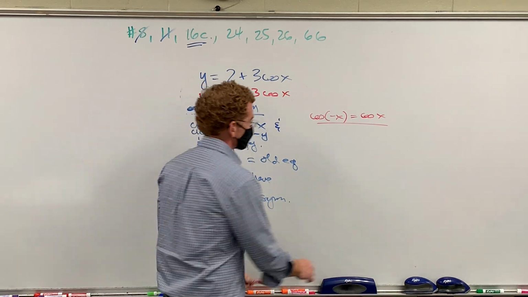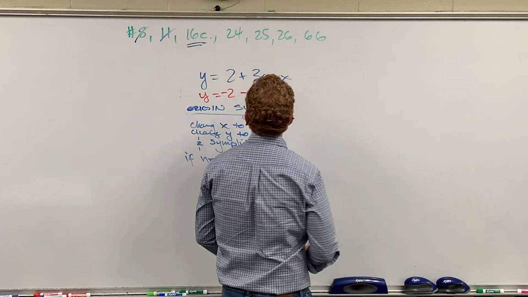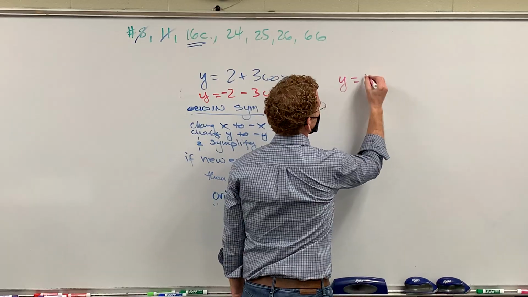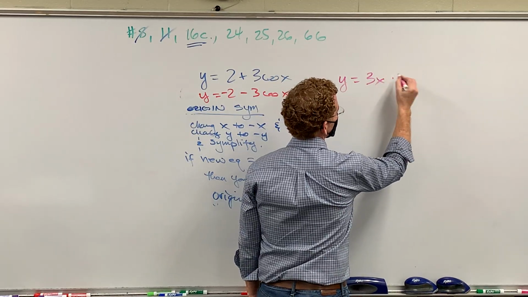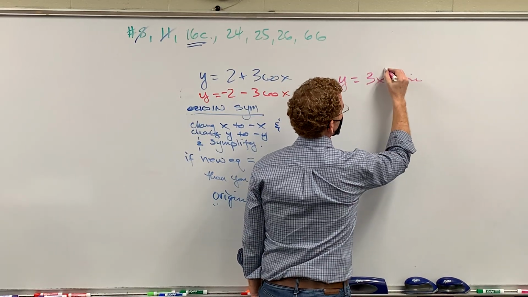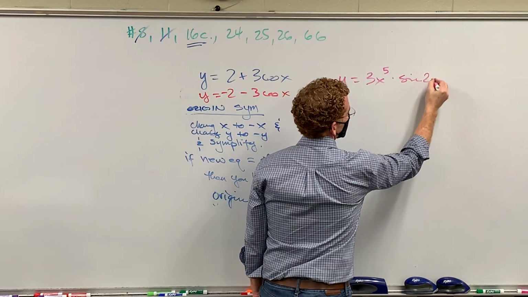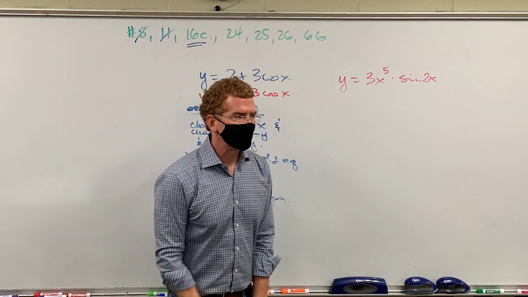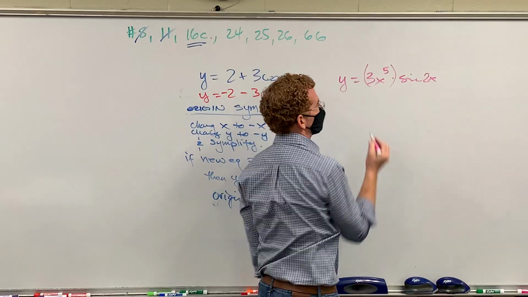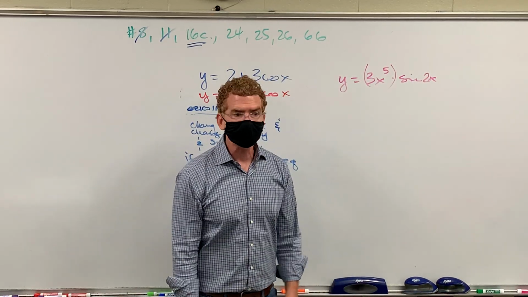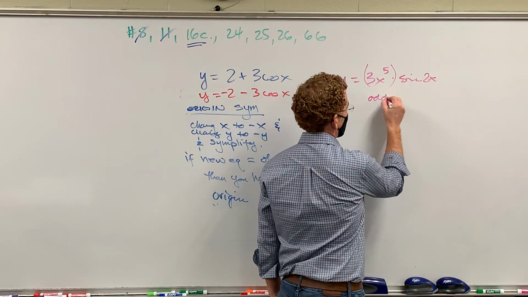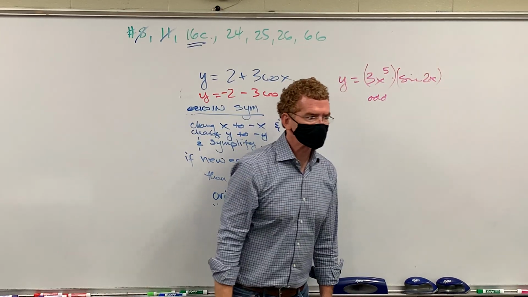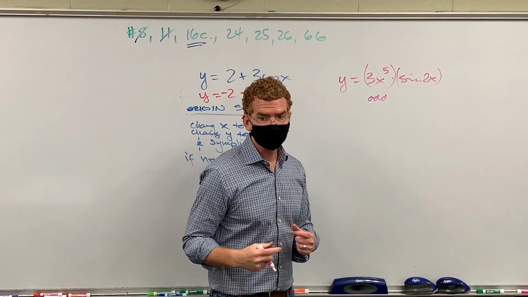How about this? What if I gave you this? What do you know about this function right here? Odd, because it has an odd power. What do you know about sine? That doesn't have a shift, right?